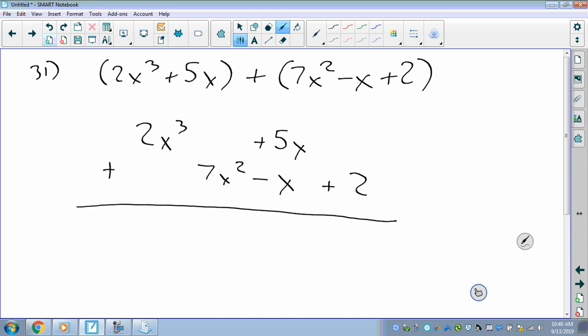You want to line up your like terms like this. If you are not comfortable with having those gaps there, you could put 0x squared. It's just a placeholder for the time being. Because that's what we did. We added nothing to it, right?